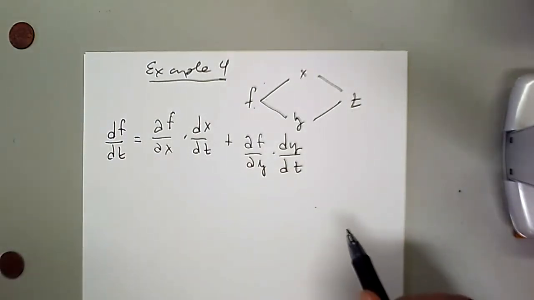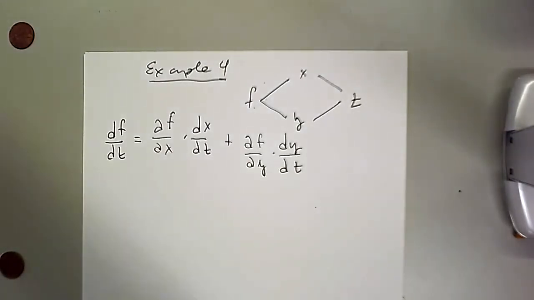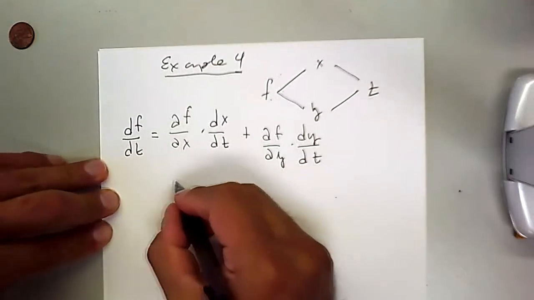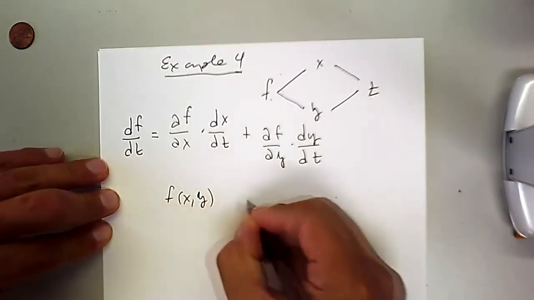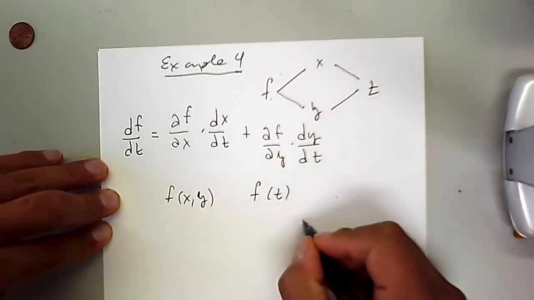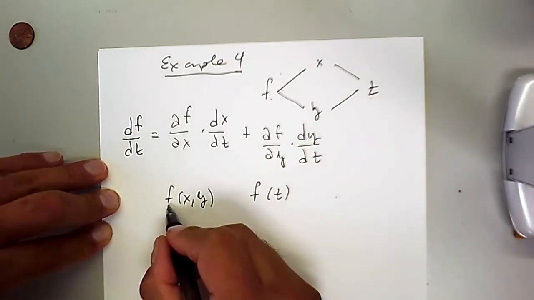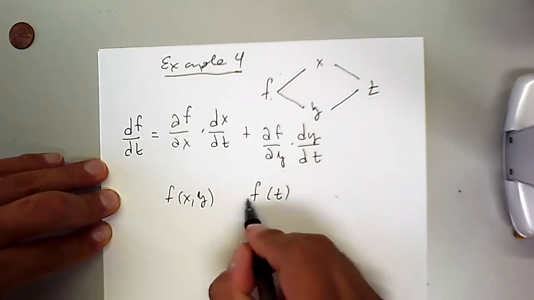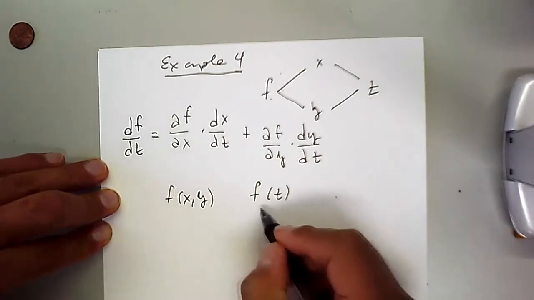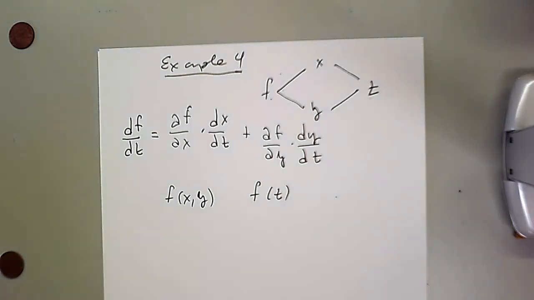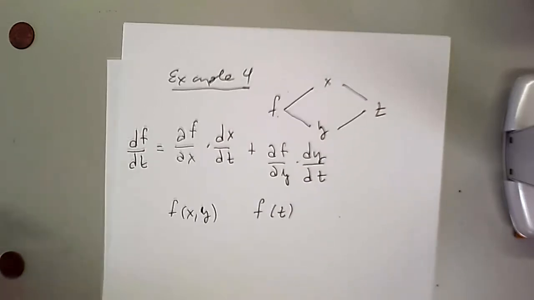So when we say that F is a function of X, Y, it is true that F is a function of X, Y, but also F is a function of T. So we're using the name F, but the formulas are the same in one sense, and not the same in another, in that this one uses X and Y and this one uses T. I think the actual example we're going to work on is going to make things a little more clear.